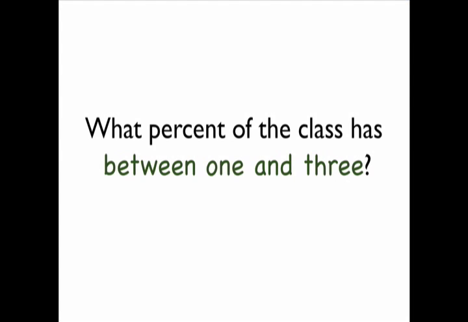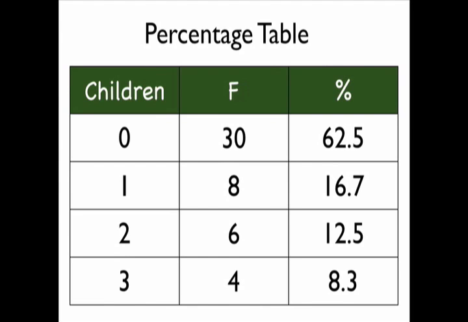What percent of the class has between 1 and 3 children? 1 is between 1 and 3, 2 is between 1 and 3, and 3 is between 1 and 3. The language of being between 1 and 3 includes the 1 and the 3.